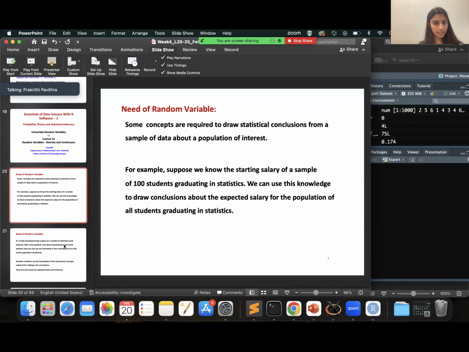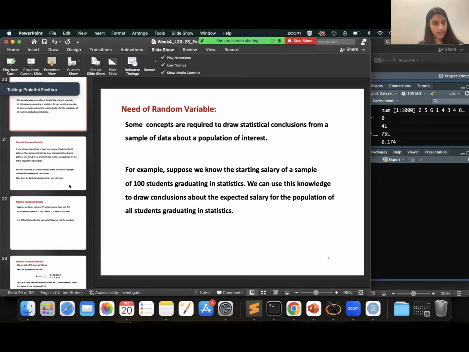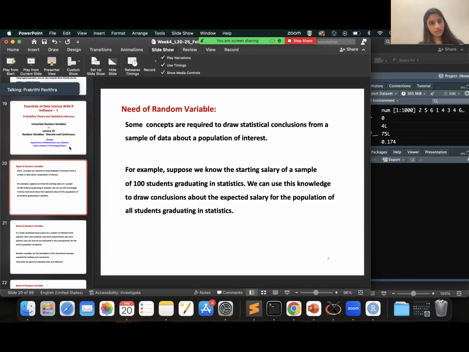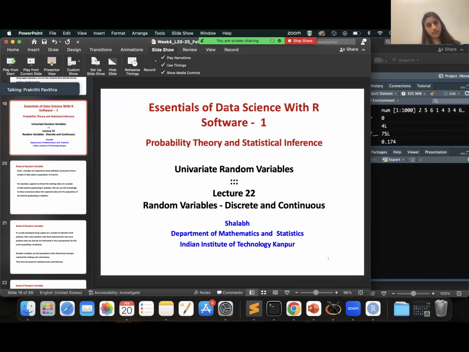Now the next topic that we're looking at is random variables. So now what are random variables here? Well, okay, let me reshare my screen.